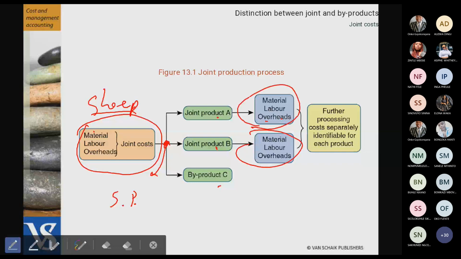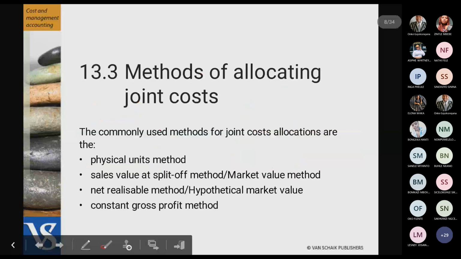We are clear about those costs, which we term further processing costs, and they are separately identifiable for each product, because they are after further processing. But the cost that we've got a question about is the joint cost. That's the cost that we will try to allocate to our main product as well as to your byproduct in some instances.